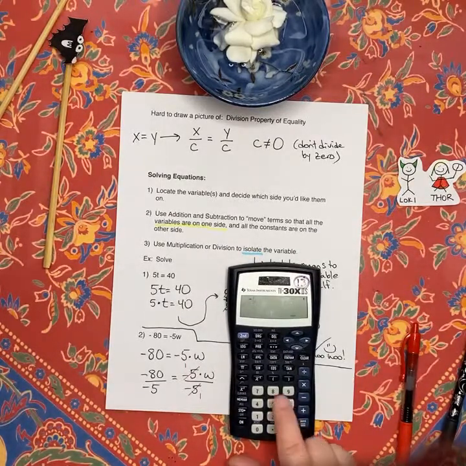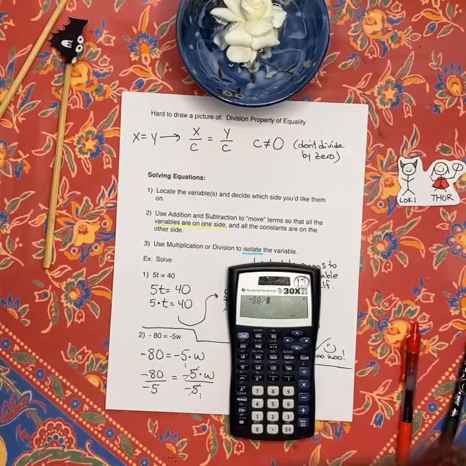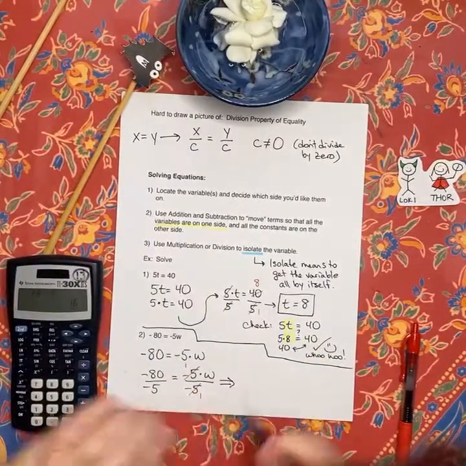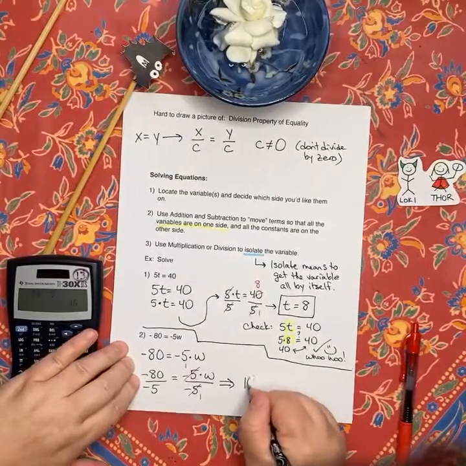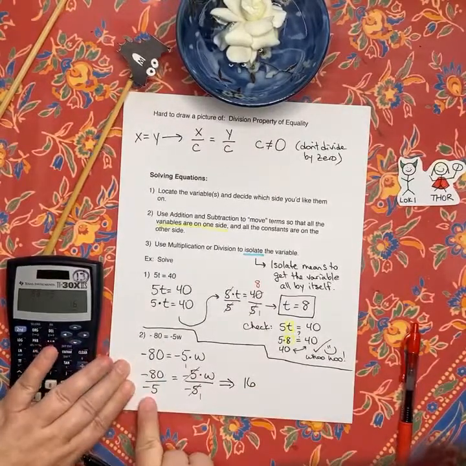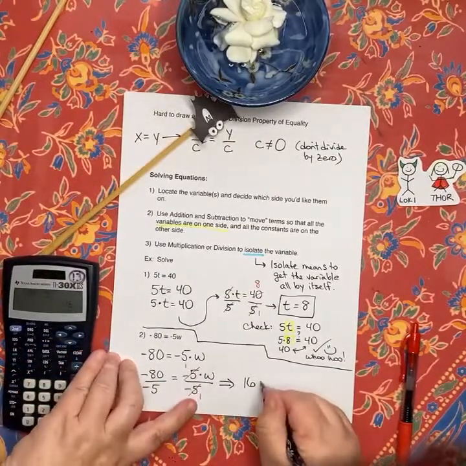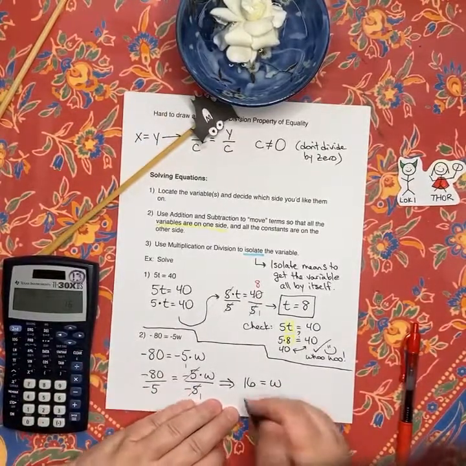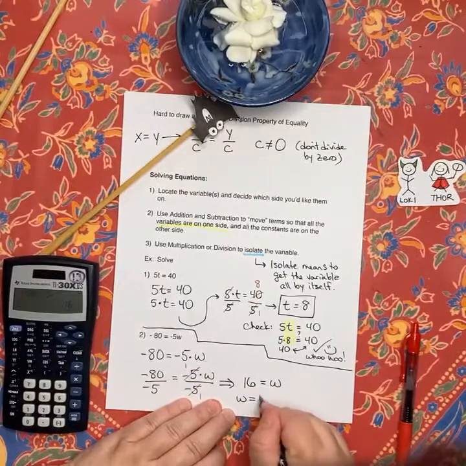So -80 divided by -5 gives me 16. Woohoo! So over here on the left side, I've got a +16, because again, negative over a negative, I get a +16 equals W.